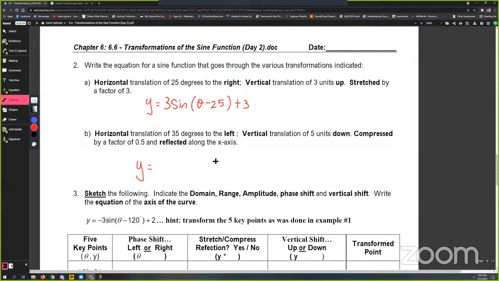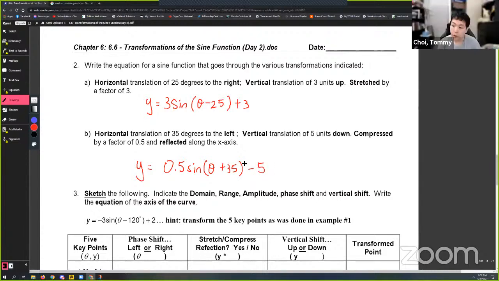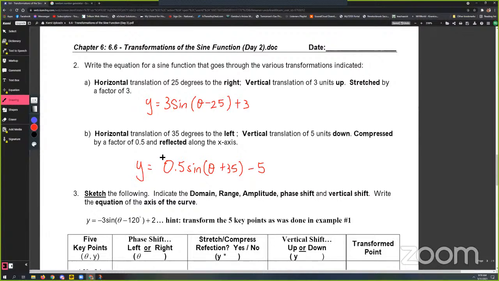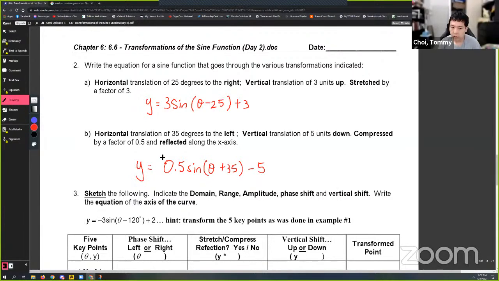Rena, are you able to respond with this one, 2b? Yeah. Okay, so 0.5 sine, bracket theta plus 35, minus 5. Perfect. You're just missing one small thing. Everything's good. Anyone have an idea? Anyone want to help her out?